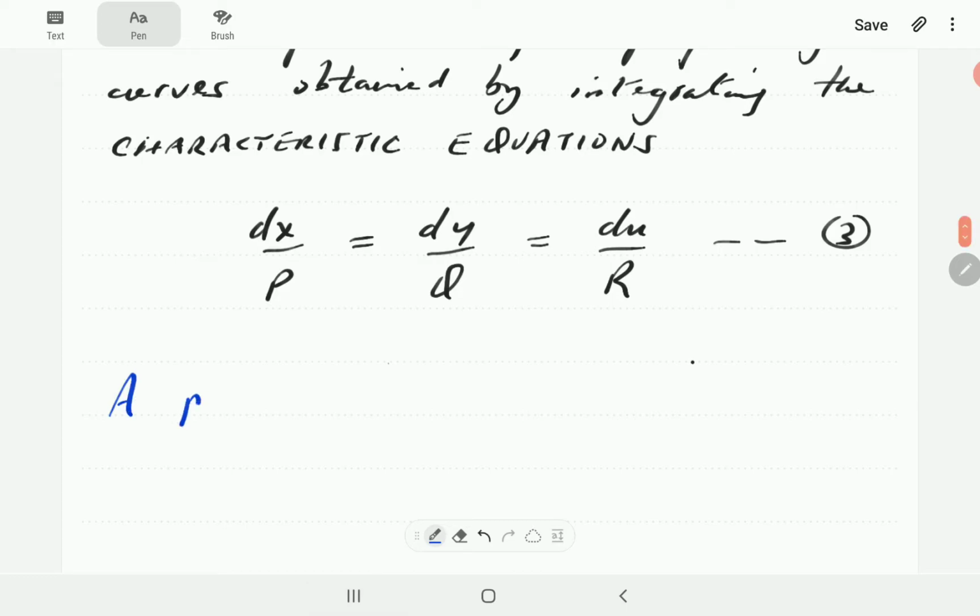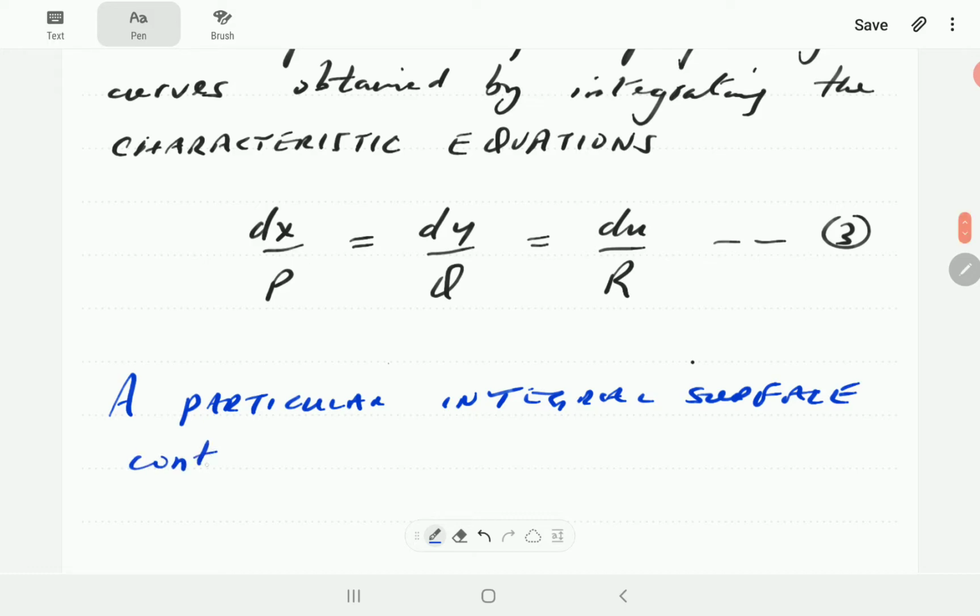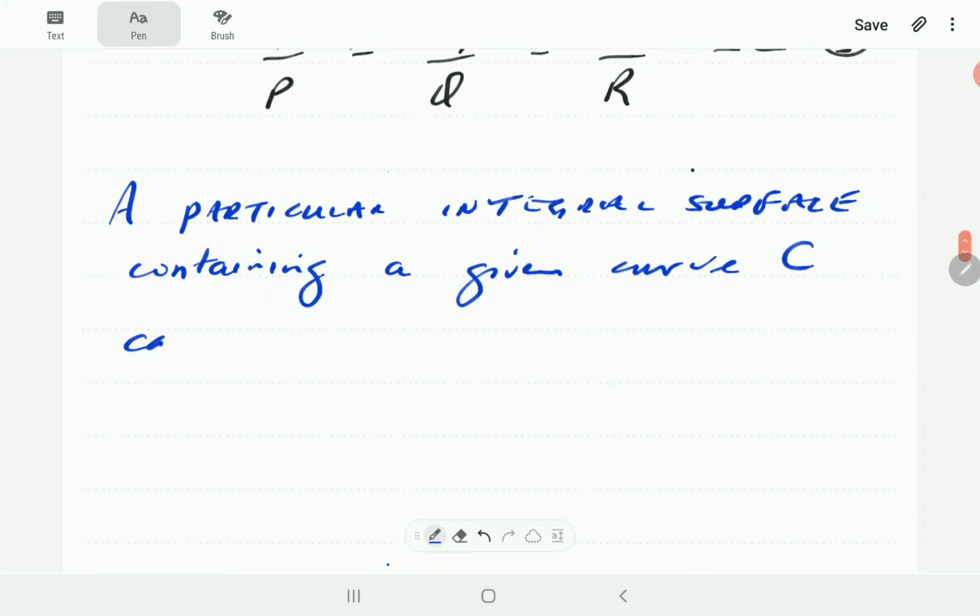A particular integral surface containing or satisfying a given curve, C, can be found.